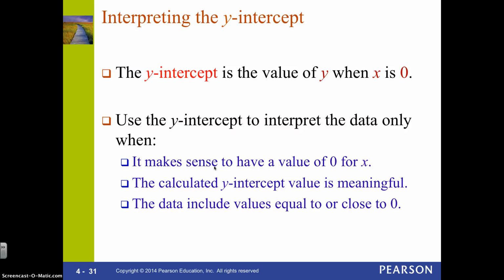It doesn't always make sense to interpret the y-intercept. If your x's aren't anywhere close to 0, then you shouldn't be interpreting the y-intercept; it doesn't make sense in context of your problem. So the calculated y-intercept value is meaningful only if you have values close to 0 for x.